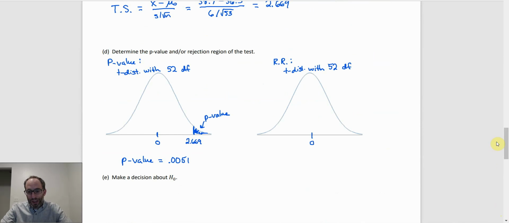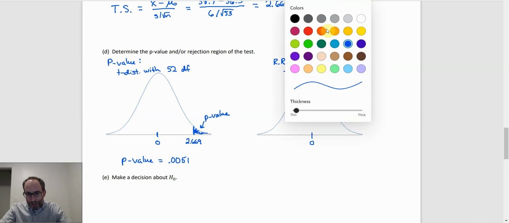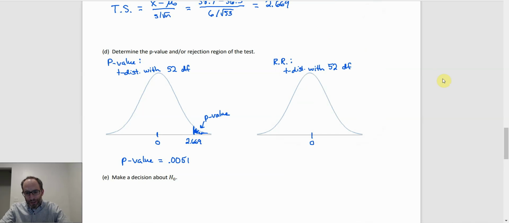If you were going to use the rejection region approach, the rejection region should just be on the right side because we have a greater than alternative hypothesis. So it's just going to be one piece over here. It's a one-sided alternative, so the size of the rejection region is just alpha, and here our alpha was 0.05.